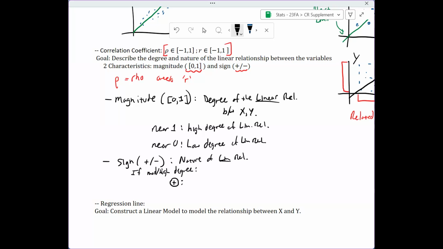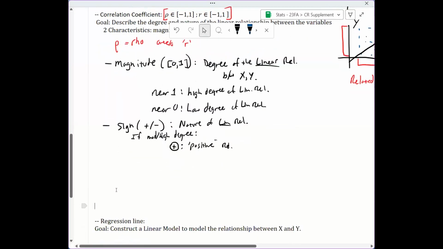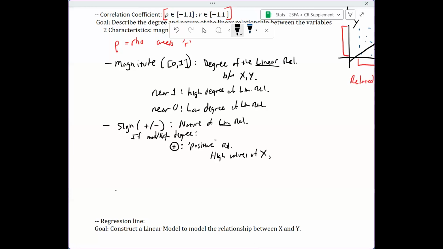But what do we mean by that? We might say a positive relationship. What I mean by that is high values of X related to high values of Y and vice versa.